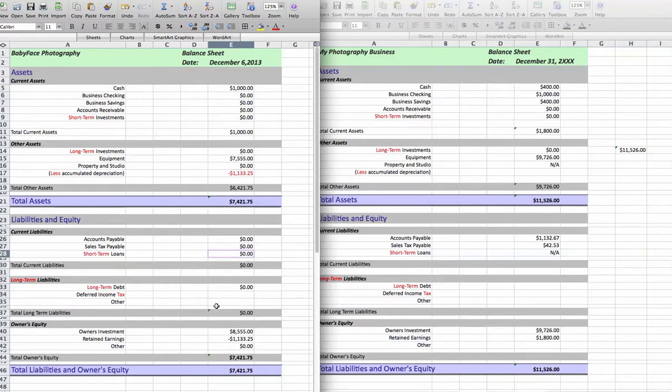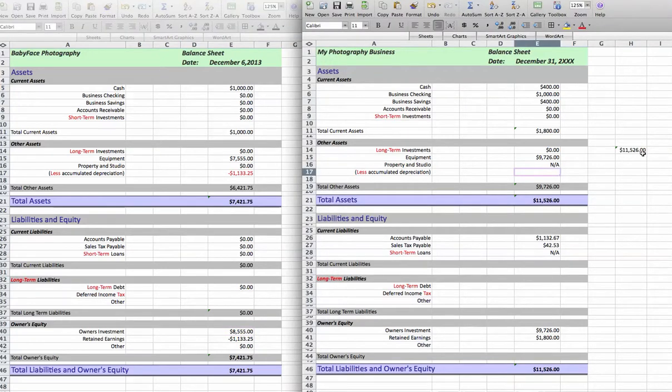Now here, we move down to the owner's investment. And what you're doing is you're taking, for example, this 11,526, the total assets here, and you're subtracting your expenses, your tax payable, and then you're putting those figures in here.